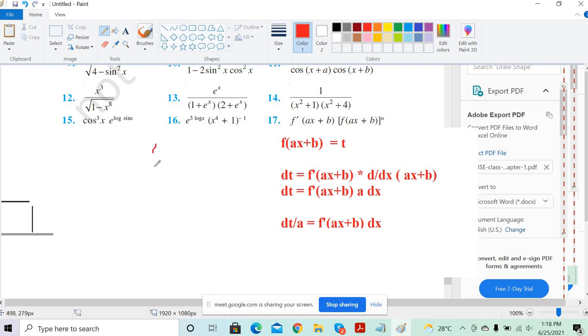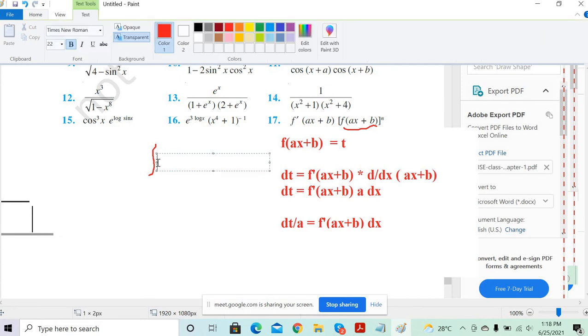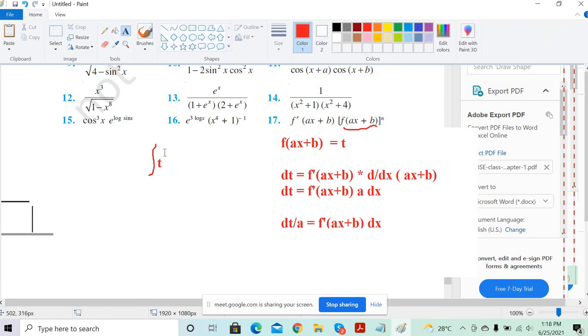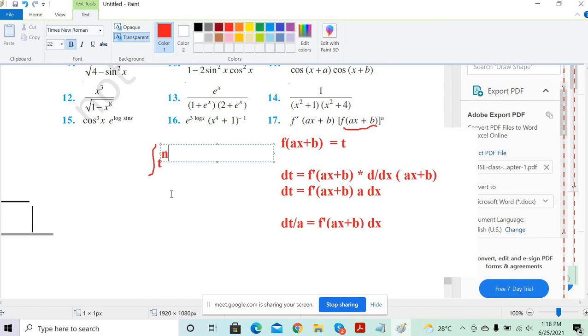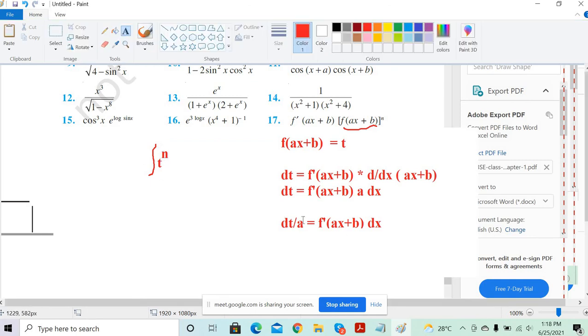Now what is the integration that will happen? F dash of ax plus b dx is already given to you. That will be replaced by dt by a. And this part is anyway t to the power of n. So this will be written as t power n, and this is dt by a.